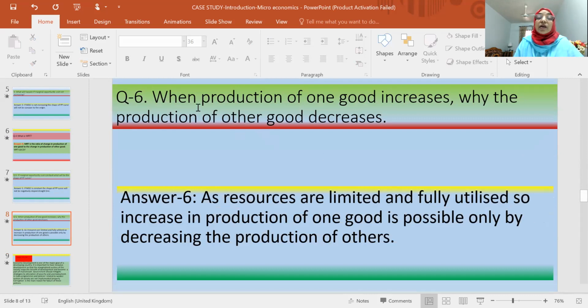The next question, when production of one good increases, why does the production of other good decrease? That is also there in the passage.